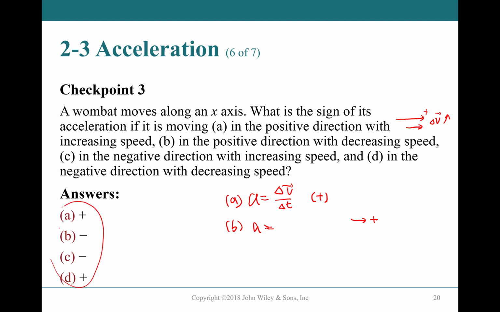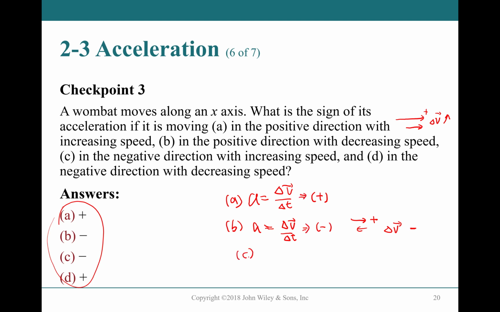I have the answer here, but I want you to think about your delta V first, because this is our explanation here. If you have decreasing speed, then your delta V will be negative, right? Because with decreasing speed, your final speed is smaller than your initial speed, so this is negative, okay?